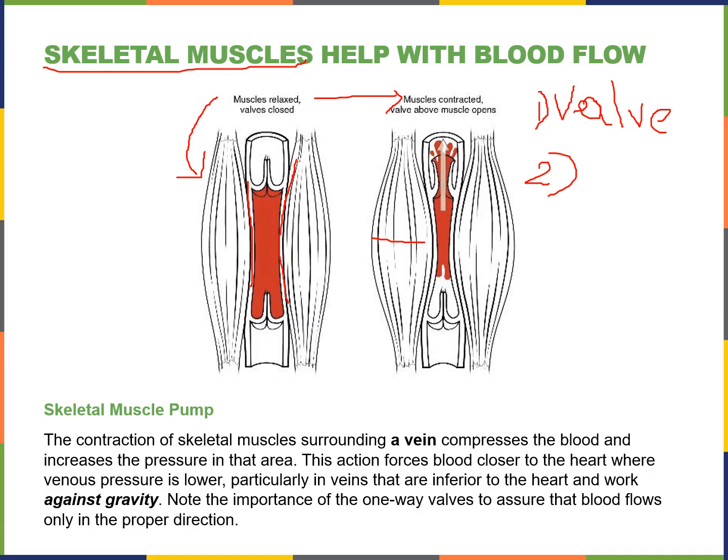The muscle is contracting, squeezing the vein. In squeezing the vein, it's pushing the blood upwards. So the blood is forced upwards towards the heart. The valves are open to allow that. However, once the blood is being forced out, the valves then close so that the blood cannot return. We don't want any return in this direction.